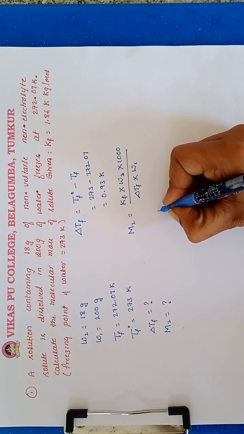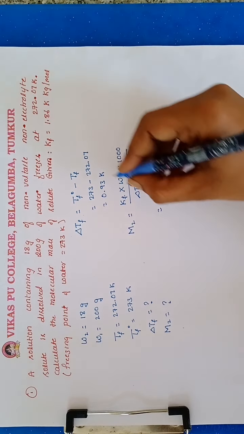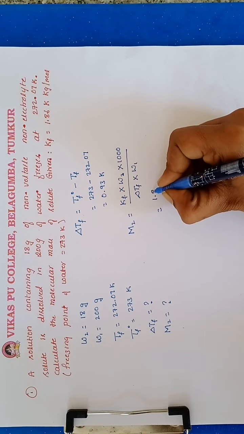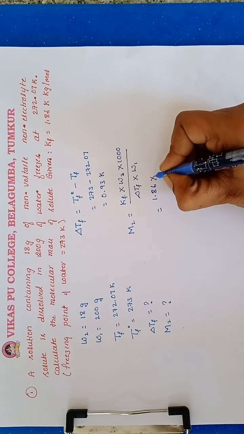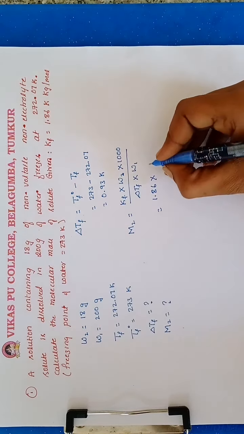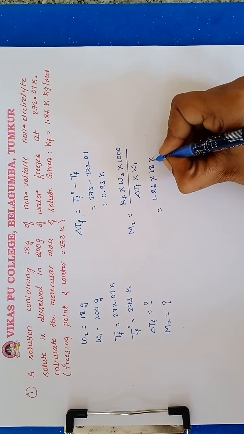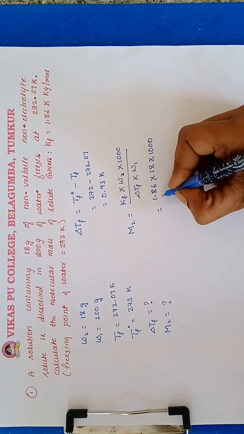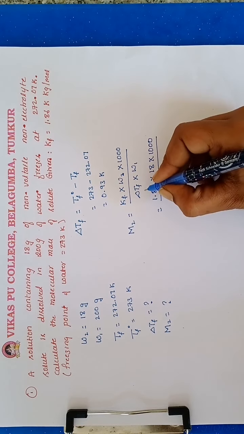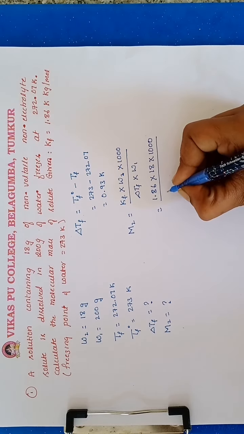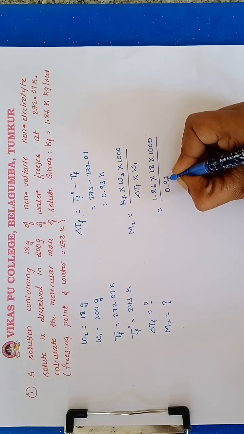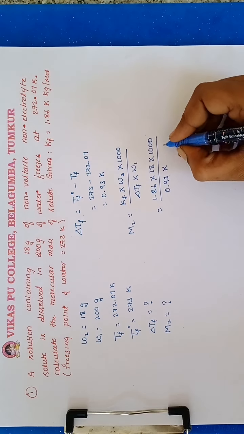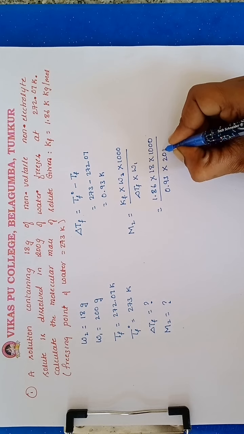Kf is 1.86 into W2, 18 gram, into 1000, divided by delta Tf, already calculated as 0.93, into W1, which is 200.